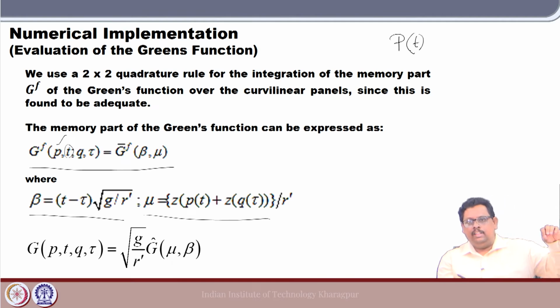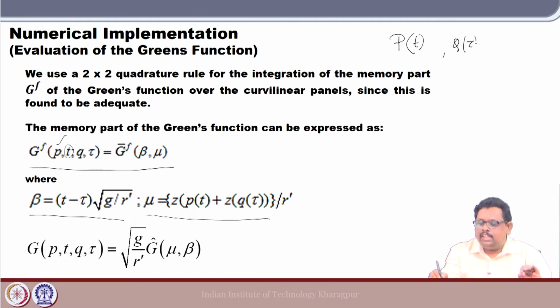that means my field point is there at the present time step. However, my source point is actually a function of tau, which runs from 0 to t.